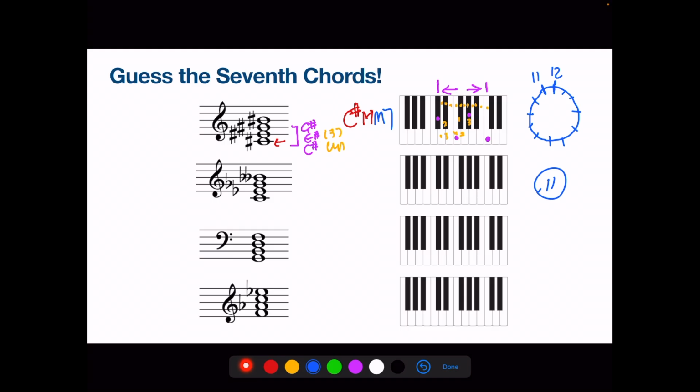But instead of that, you can just go 12 minus 1, which is the other direction, and then you will get to 11. So hopefully that makes sense here as well.